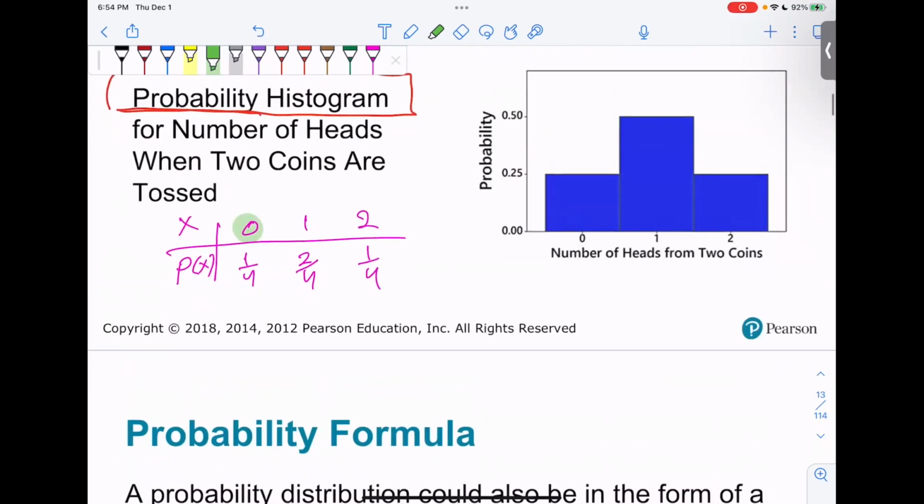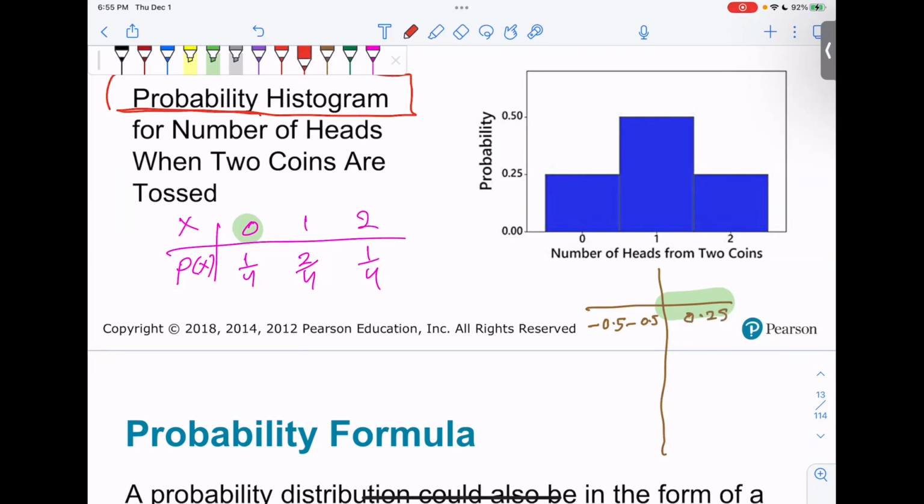So the first one, 0 minus 0.5, it will be negative 0.5, to 0 plus 0.5, which is 0.5, with 0.25.